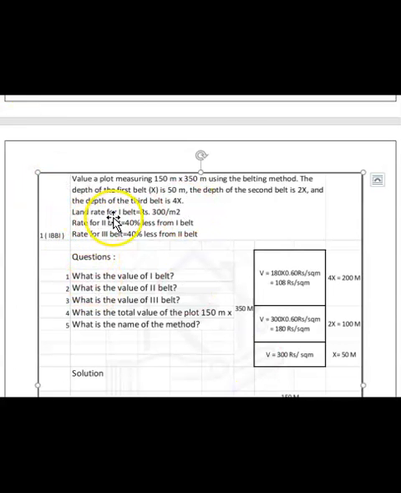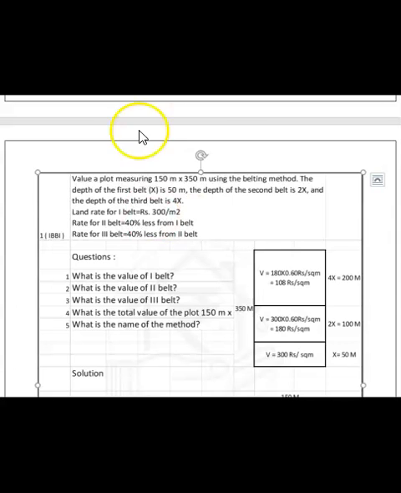Land rate for the first belt is 300 per square meter. Rate for the second belt is 40% less from the first belt. Rate for the third belt is 40% less from the second belt. Again, here each belt rate is given. If rate is not given, then the first belt rate is this much, the second belt rate is two-third of the first rate, and the third belt rate is one half of the first belt rate.